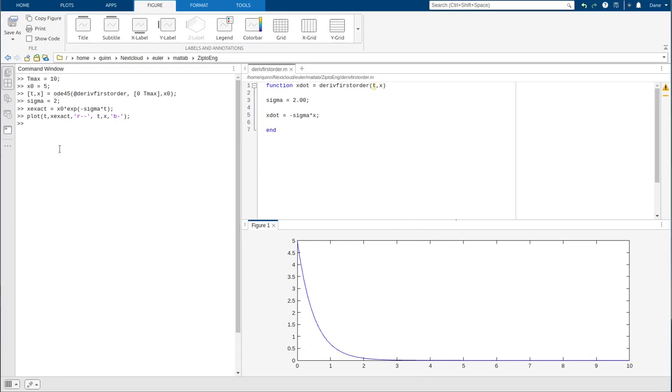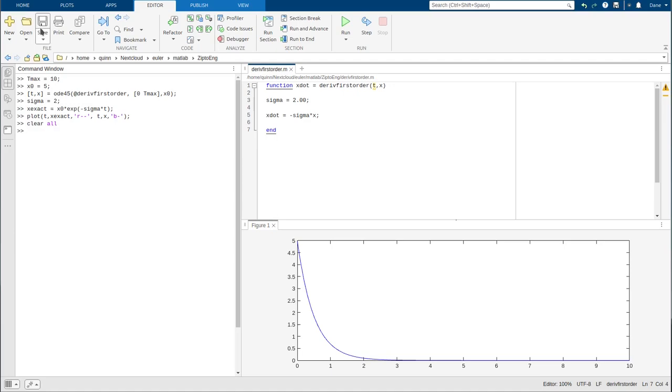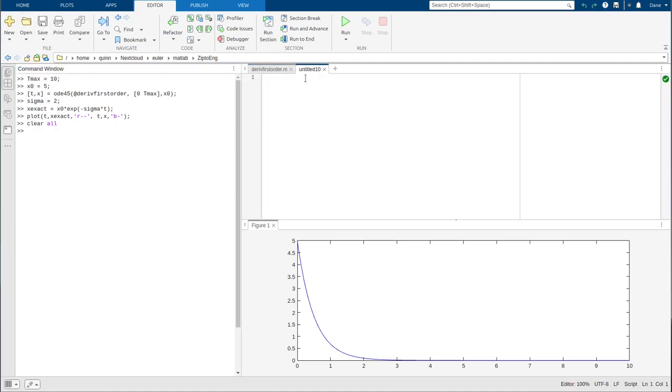Okay, so I want to clear everything, start fresh. Let's define a new function, right? That's going to be the derivative file.